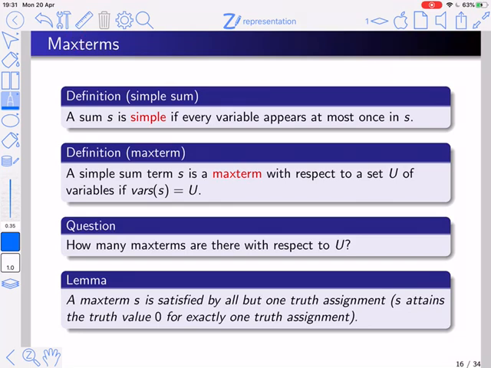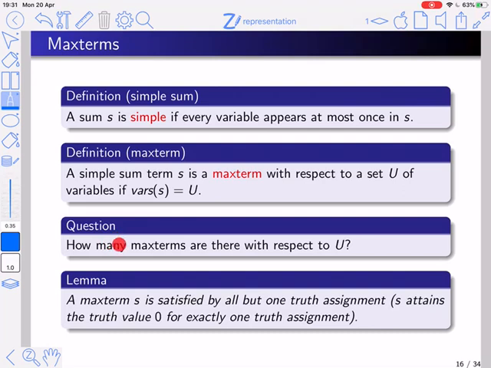A sum is simple if every variable appears at most once in S. A simple sum is a max term with respect to a set of variables U if every variable appears exactly once in S, either in negation or not in negation. We have freedom in that, but every variable has to appear.